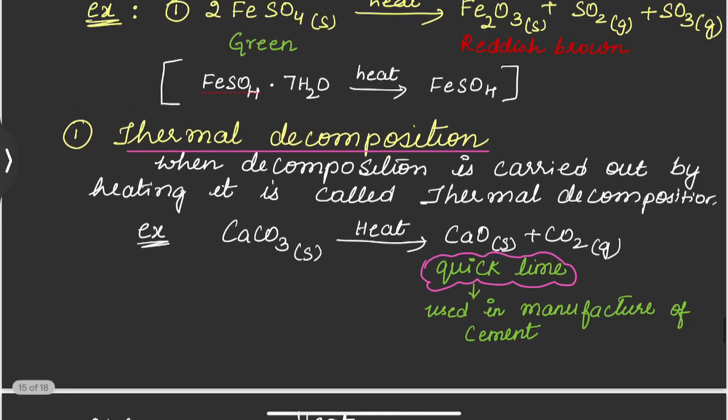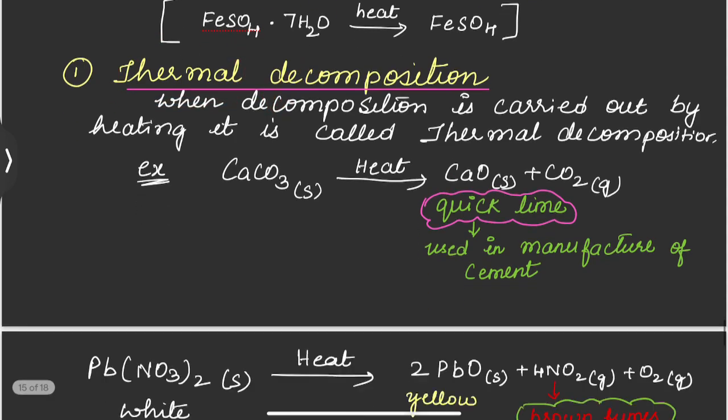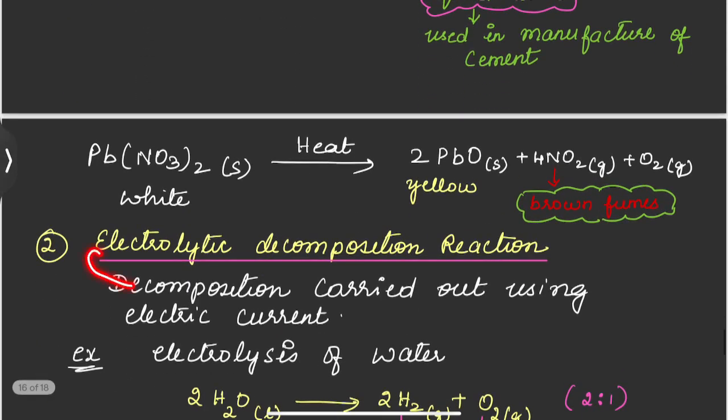Here the first one we are taking is thermal decomposition reaction. One thing you have to remember is that for a decomposition reaction to take place, some amount of energy should be given. Energy can be in the form of heat. If it is in the form of heat, it is called thermal decomposition. If it is in the form of electric current, it is called electrolytic decomposition.